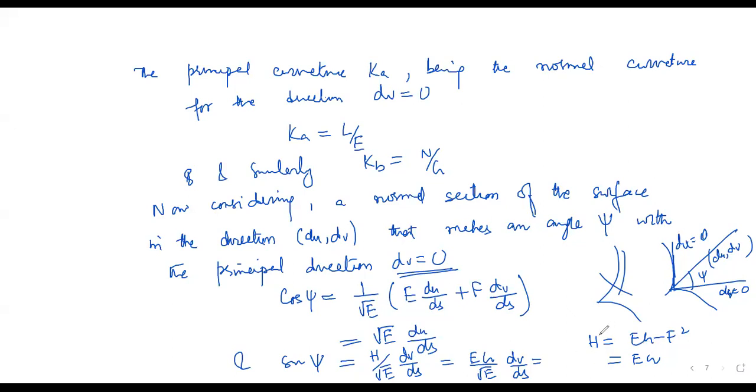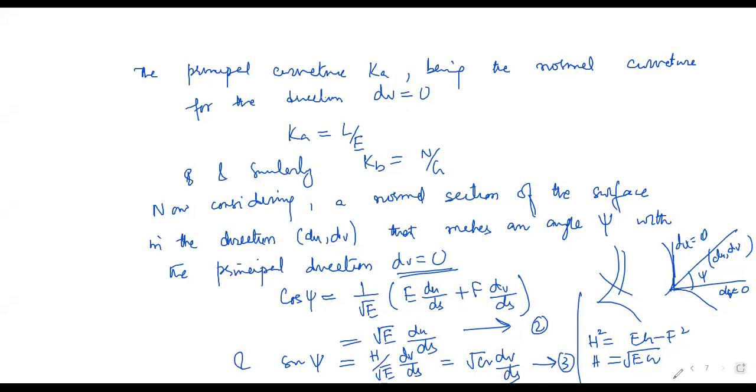Sorry, h square is equal to this, so h is equal to root of this thing, so root e cancels, so this should be just root g into dv by ds. So far I have numbered the equations, let's call these second and third.